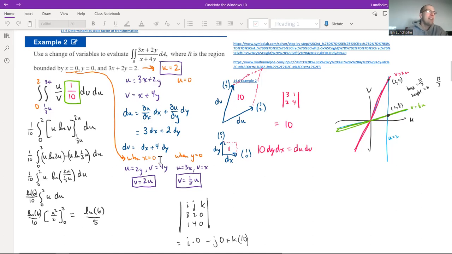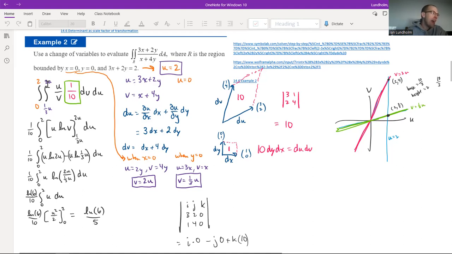And so in this way, we found that there was a scale factor of 10. If we were going to make those areas equal, we would need to multiply 10 times dy dx to get du dv.